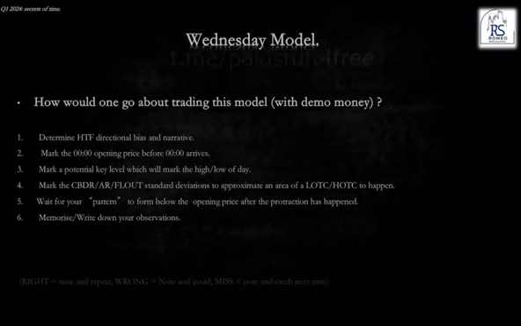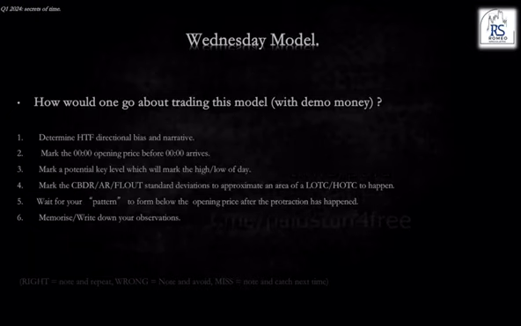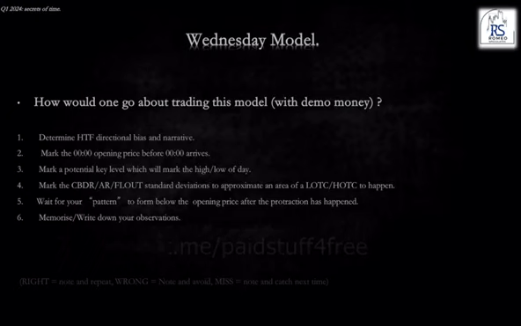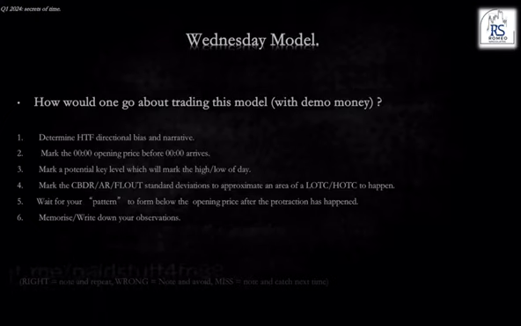Mark the CBDR, Asian range, and flout standard deviations to approximate an area for the low or high of the candle to happen. Standard deviations are a good tool, but again, they're all subservient to the element of time and the higher time frame key level, which always has a liquidity pool paired with it, right?